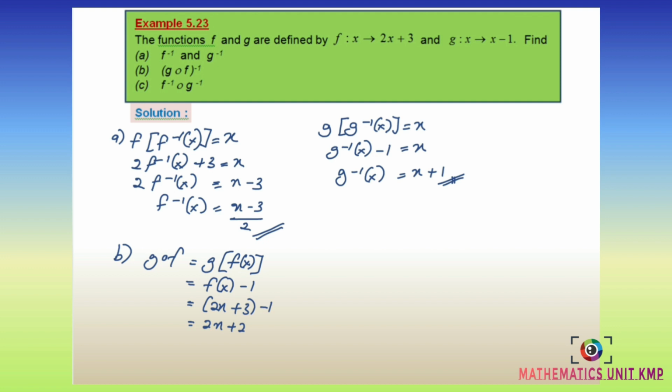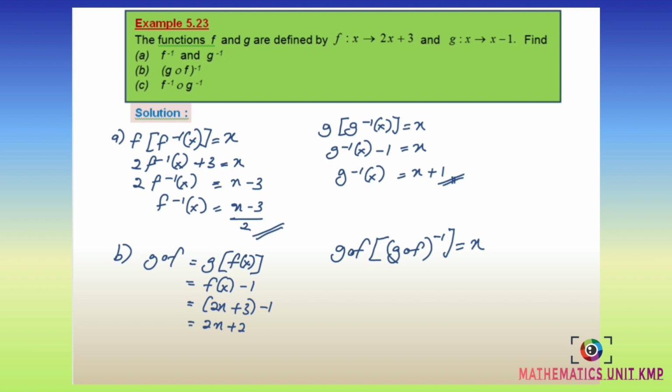To find g composite f inverse, we use the properties. g composite f composite (g composite f) inverse equals x.